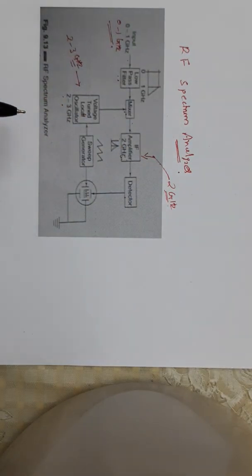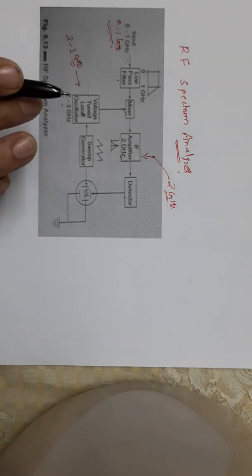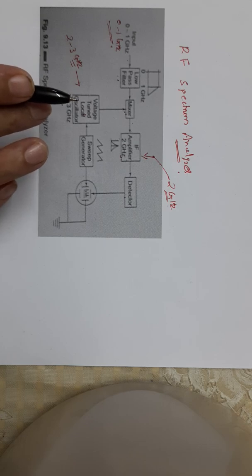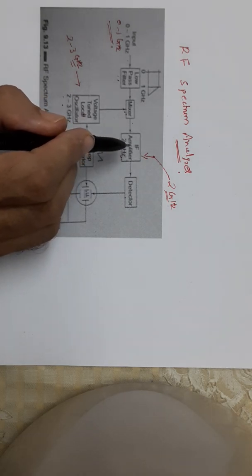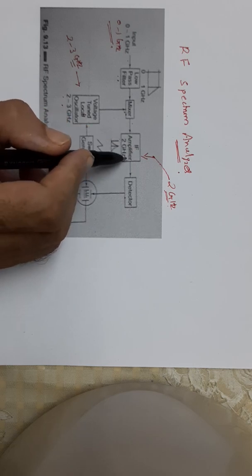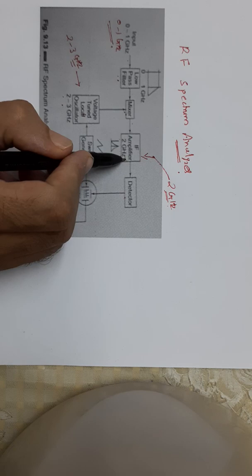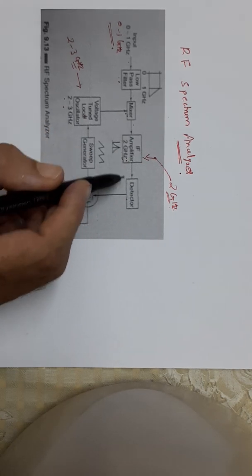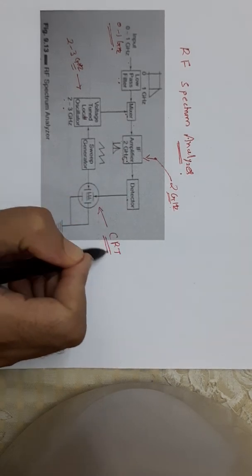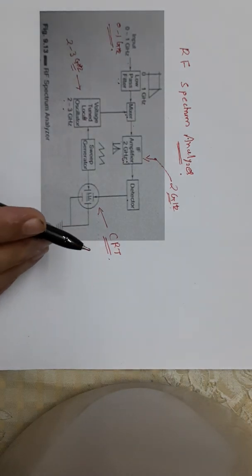Since the local oscillator is tuned over the range of 2 to 3 gigahertz, only inputs that are separated from the local oscillator frequency by 2 gigahertz will be converted to the IF frequency band, which is passed through the IF amplifier. It is then rectified and produces a vertical deflection on the CR tube. This is your CR tube, meaning the screen of the CRO.